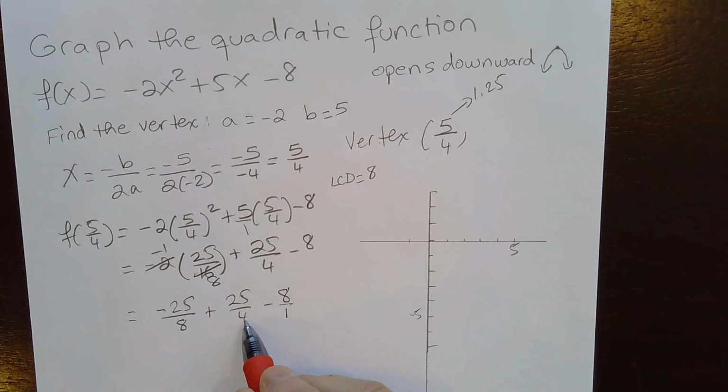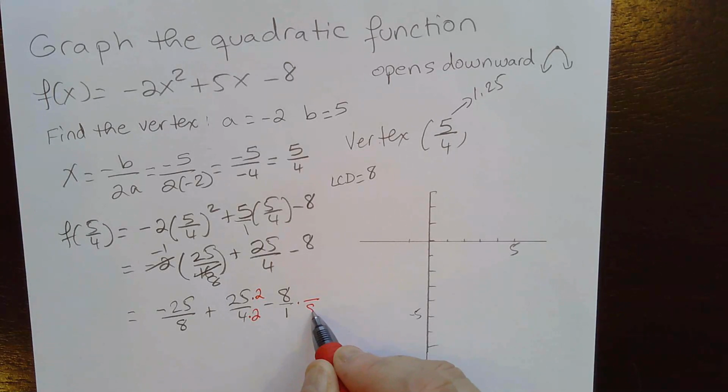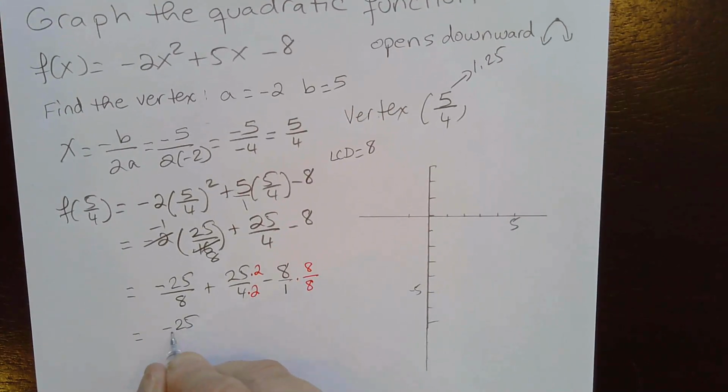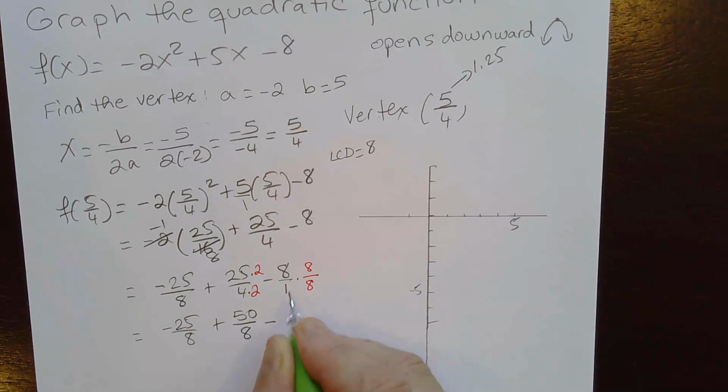This one we need to multiply by 2 to get 8. Whatever you multiply in the denominator, you have to multiply in the numerator. And here I have to multiply by 8 in the denominator and the numerator. So now we end up with negative 25 over 8 plus 25 times 2, that's 50, over 4 times 2, that's 8, minus 8 times 8, that's 64 over 8.